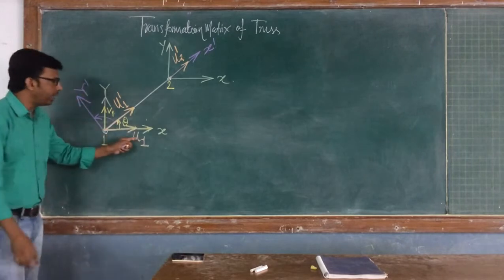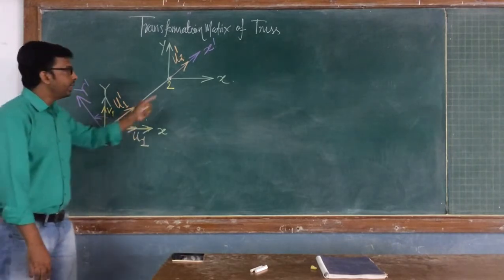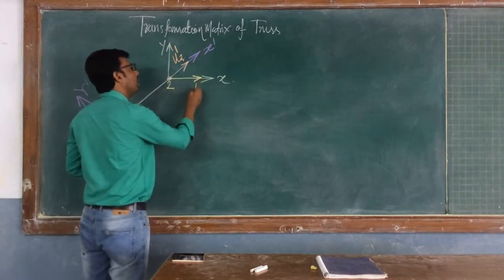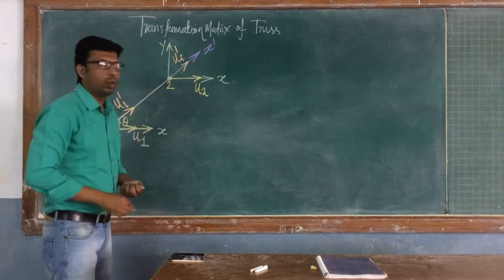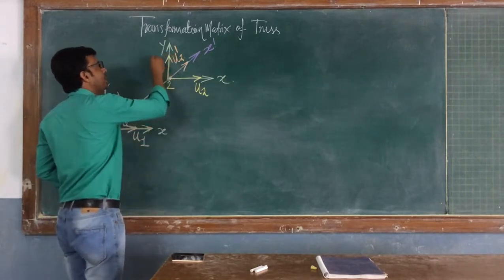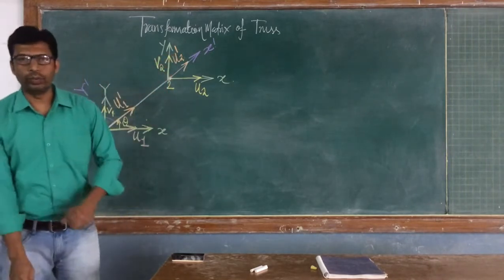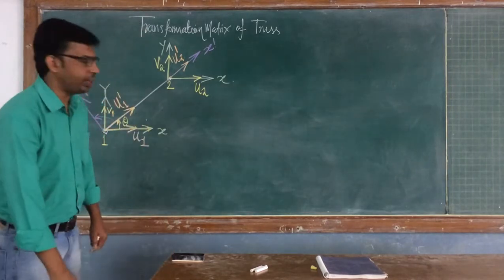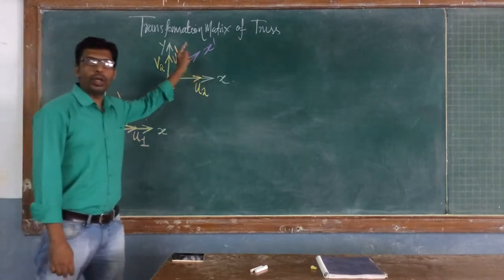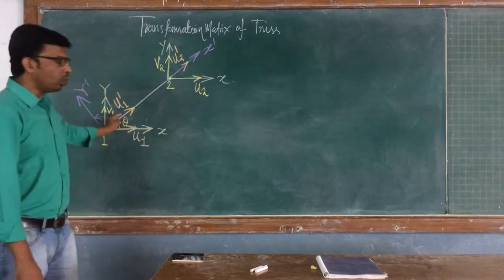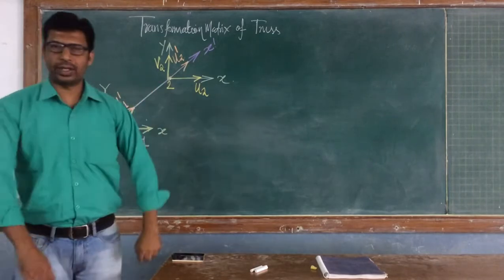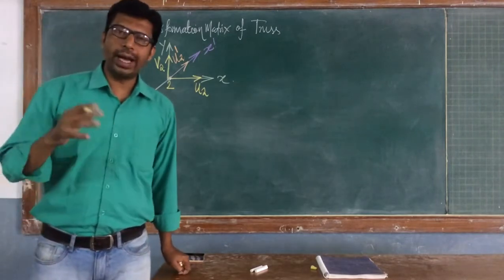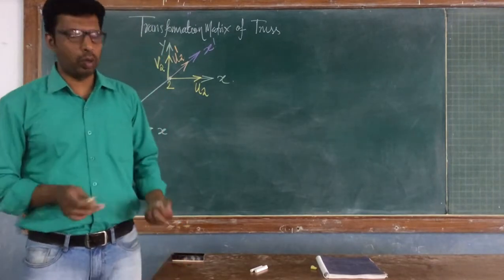Similarly here, the horizontal displacement is u2 and the vertical displacement is v2. So now look at the unknowns. There are four unknowns in the global coordinate system, u1, v1 and u2, v2, right? Two unknowns in the local coordinate system, u1 dash, u2 dash. So this figure combinedly represents the local unknowns and global unknowns, local coordinates and global coordinates.